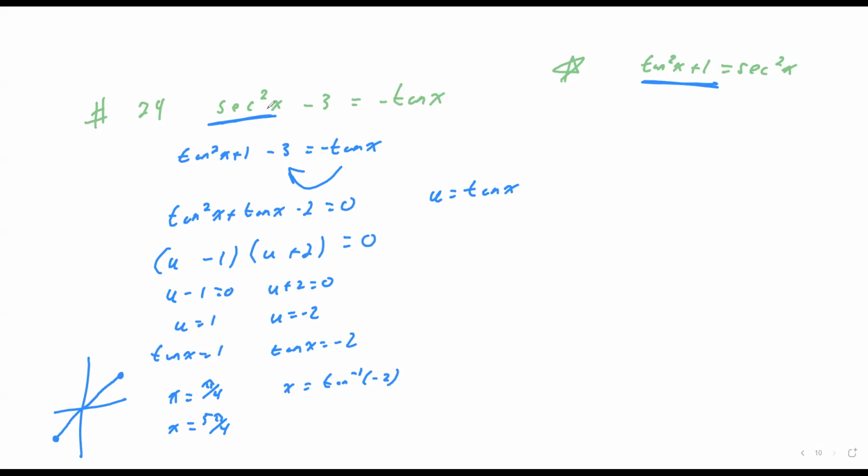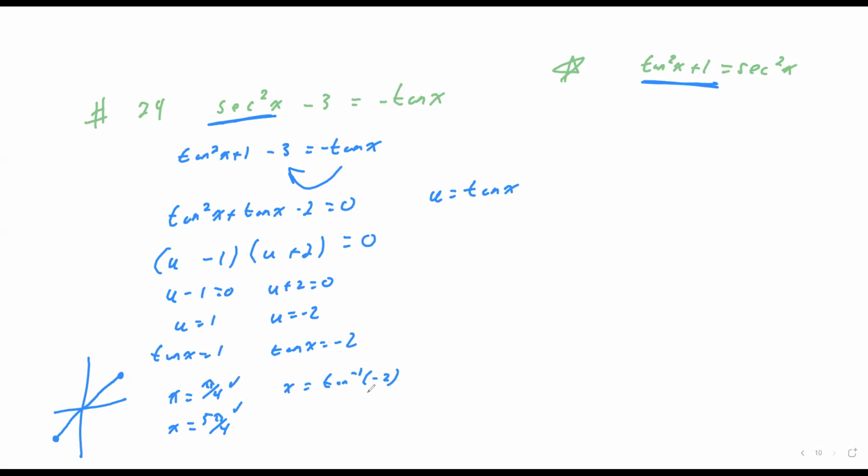So square root of 2 minus 3 would be negative 1, and then negative 1. So pi fourths would work. 5 pi fourths would also work, because of that square, so it ends up just being a positive again. So these two both work out.